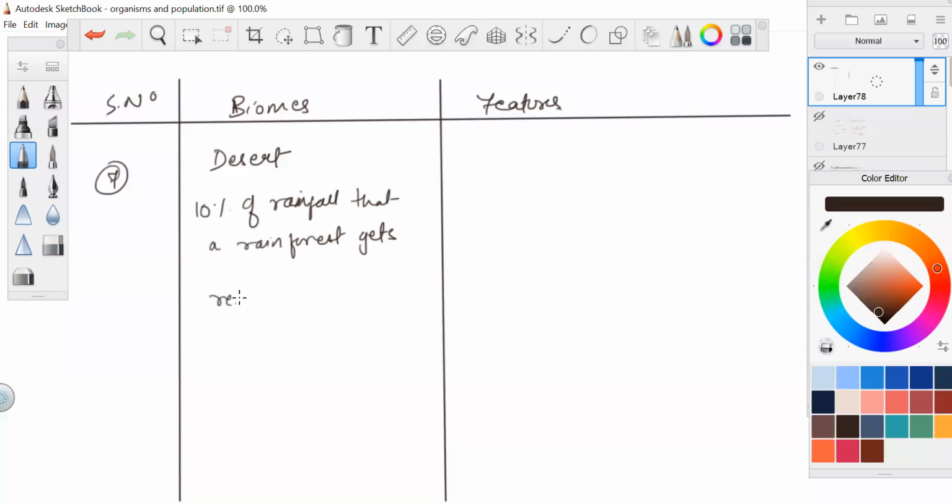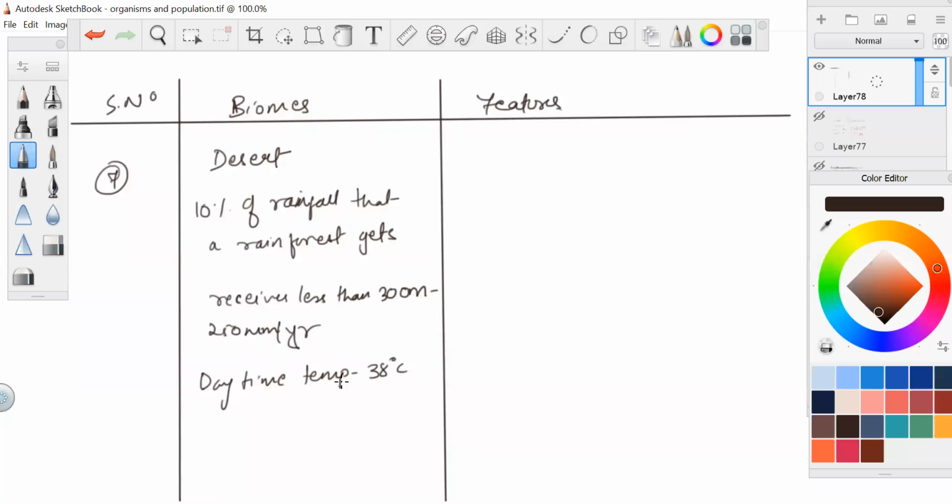So it receives less than 300 millimeter or 250 millimeter per year. This will be the mean annual precipitation. Daytime temperature here averages 38 degrees Celsius.